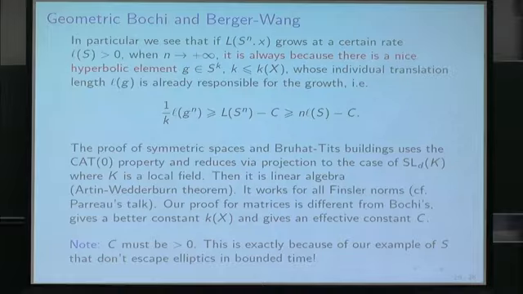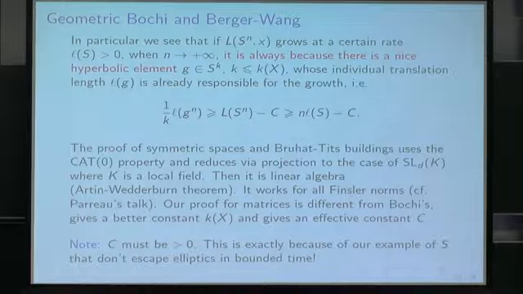In fact, it's enough to prove it for SLD, because in the cat0 setting the minimal displacement is always achieved on a convex subspace. So you can embed every symmetric space as a totally geodesic convex subspace of some SLD.